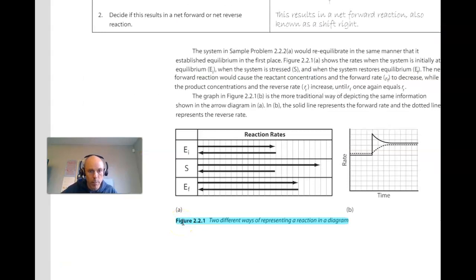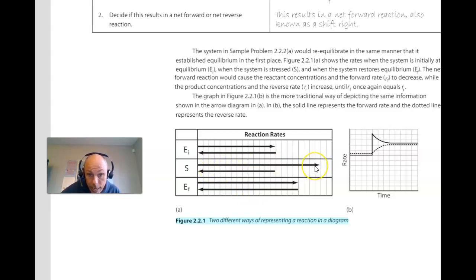And down below, same page, figure 2.2.1, is a nice depiction via these two graphs of that shift mechanism. Again, at equilibrium, this is prior to the addition of iron ions, the forward and reverse rates are equal, indicated by the left and rightward arrows being the same length. The moment that reactant is added, iron ions is added, the forward rate increases. The reverse rate doesn't.